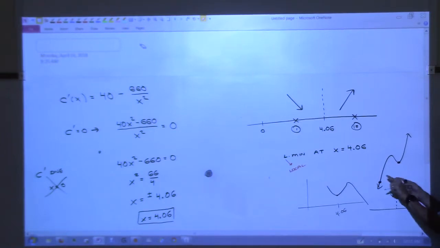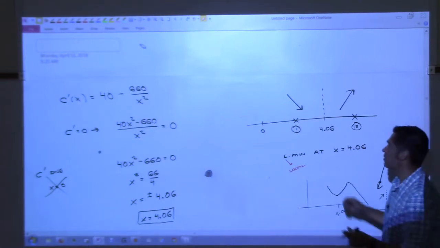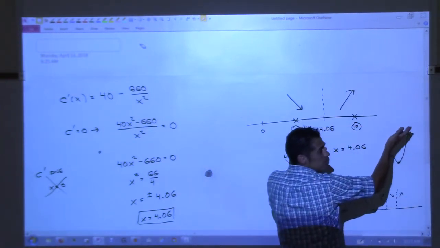So if I would have continued my chart this way, I would have had another critical number, and it would have had to be going up over here. Up, and then down, then back up. There would have to be another change somewhere else to get to a lower point. It would have to change back down. So we would have another critical number then? If we had another critical number, then we would have to be comparing the two answers.